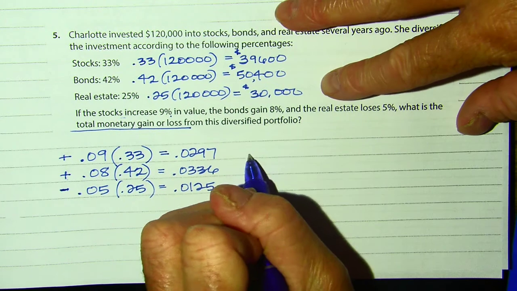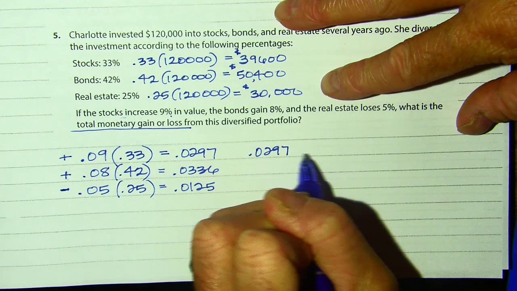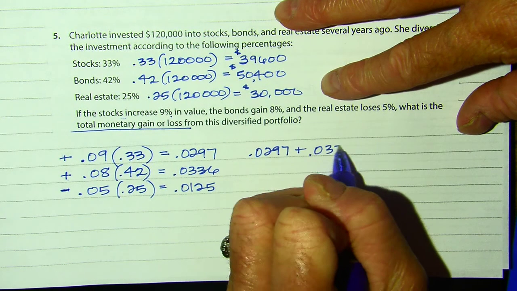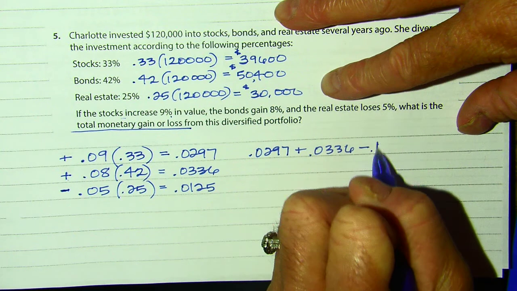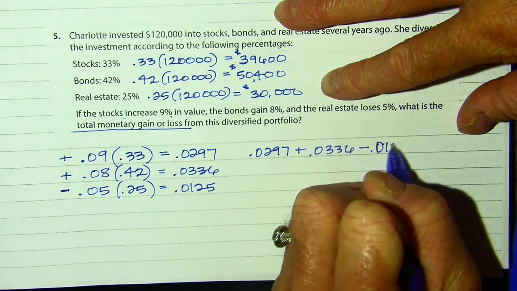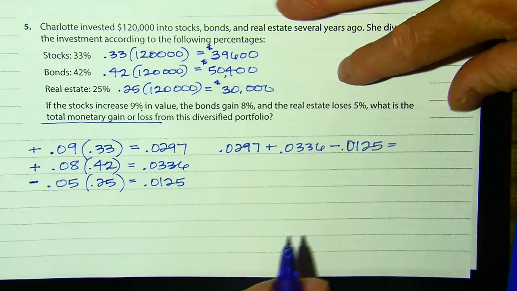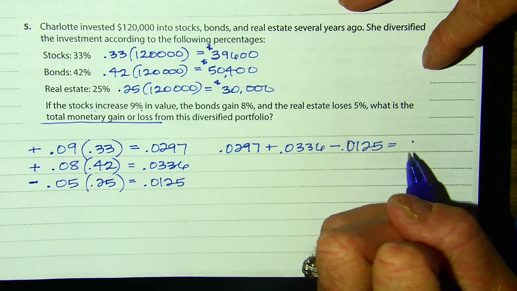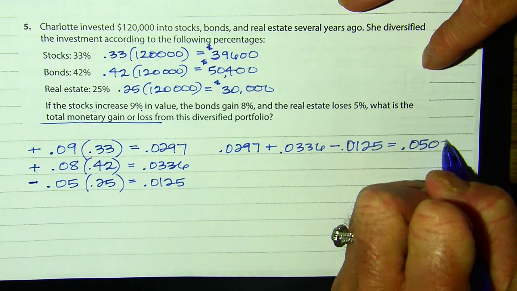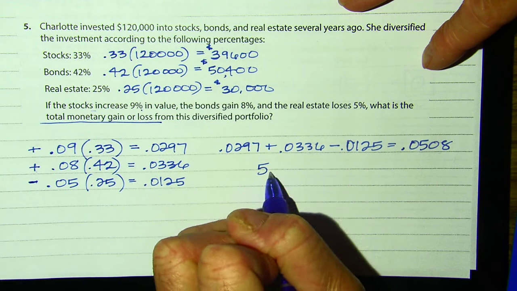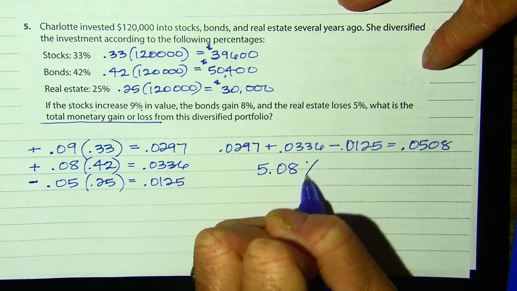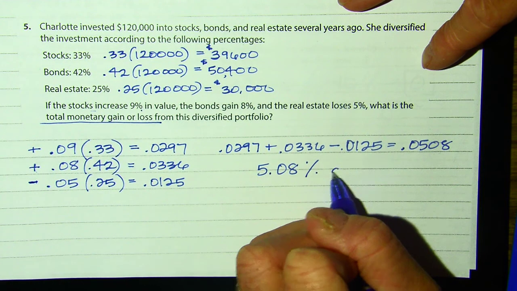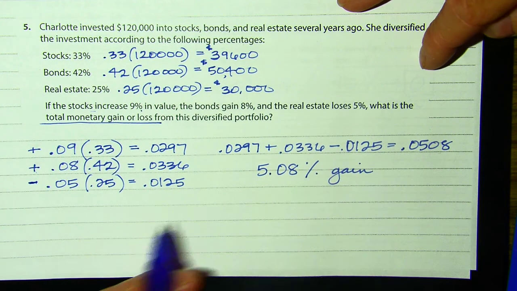So this was a gain. The second one was a gain. The last one I lost. And so that gives me a net percentage of 0.0508. So I had a 5.08% gain. That would be the percent gain.